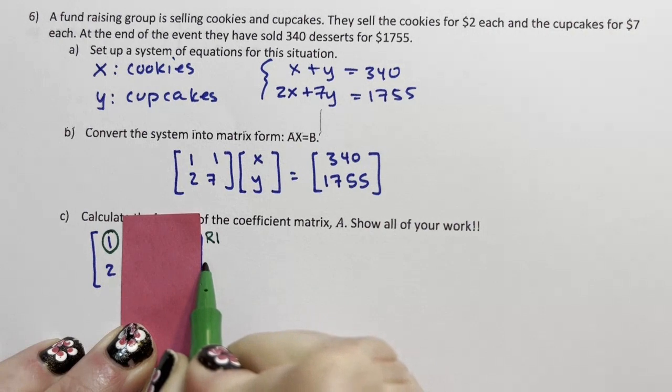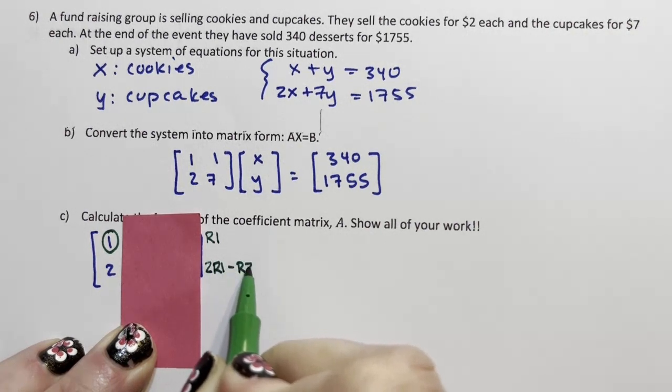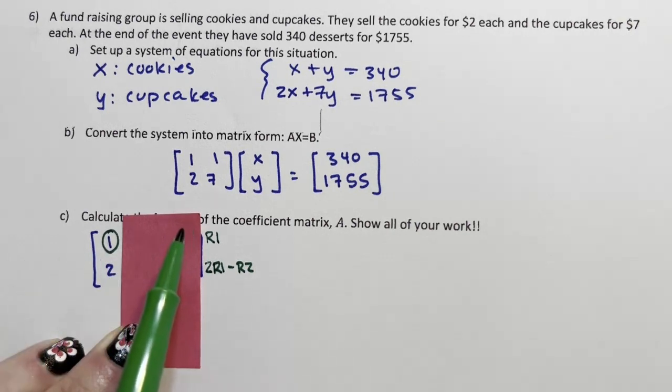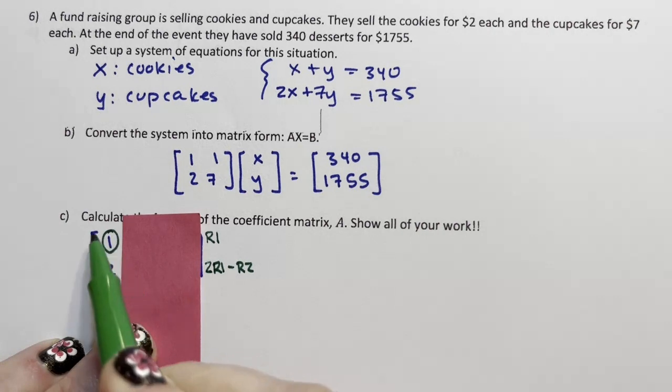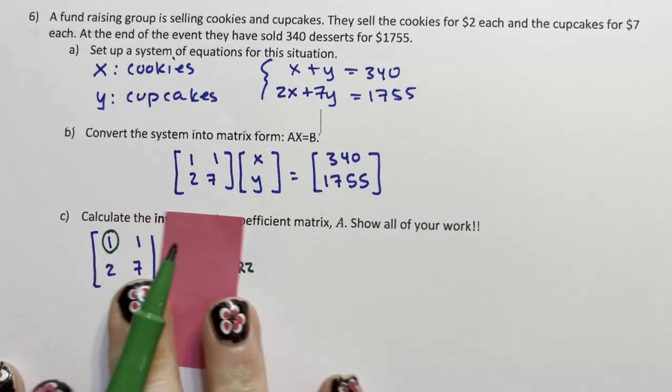And we're going to say 2 times row 1 minus row 2, because if we take 2 times 1, it becomes 2, and 2 minus 2 is 0. We only focus on this column. We ignore everything else about the matrix. We are just using this column and zeroing out everything except what I've circled. That's what we're doing.